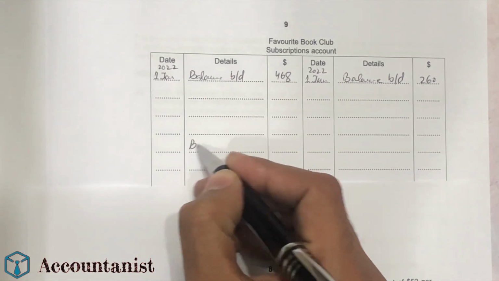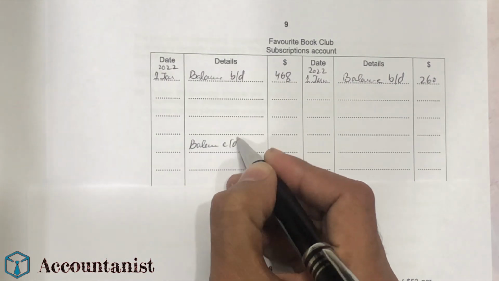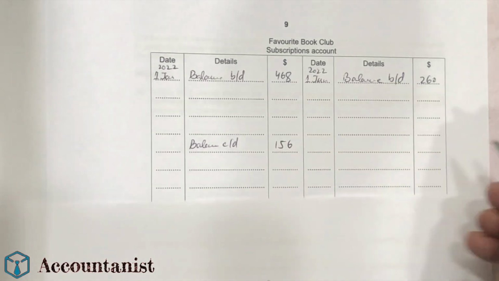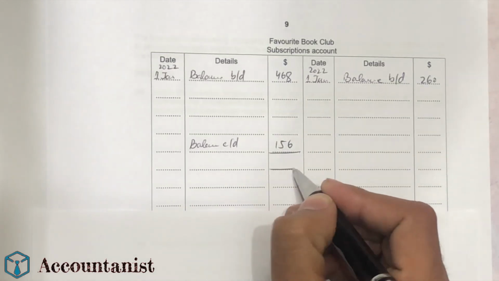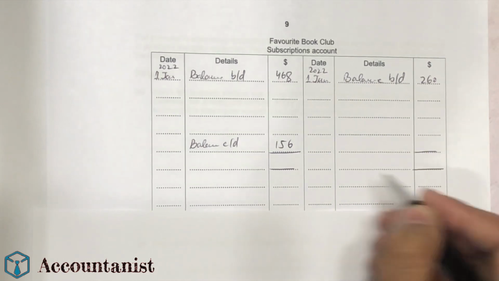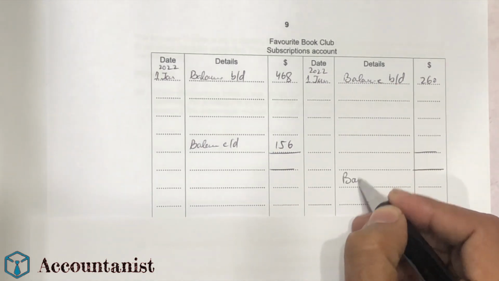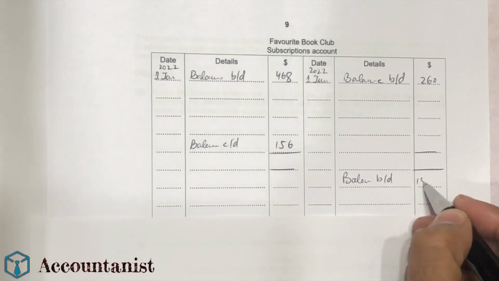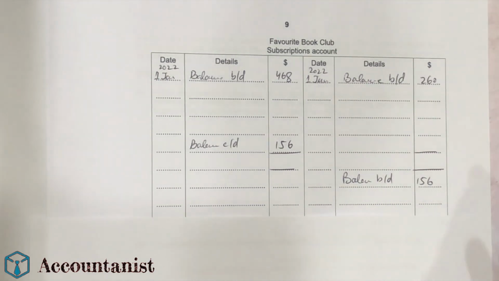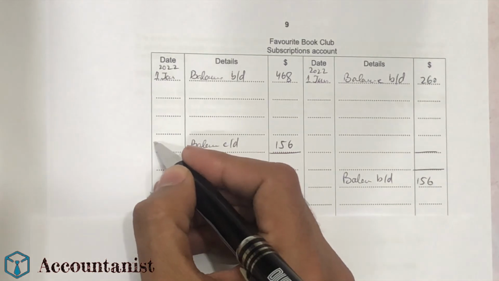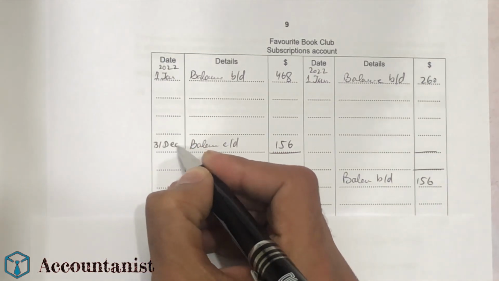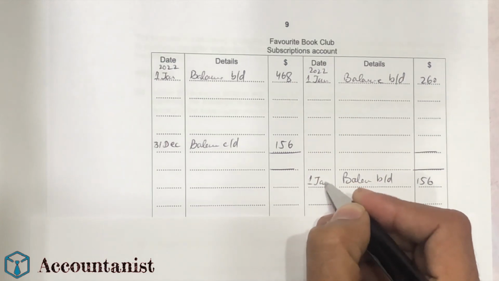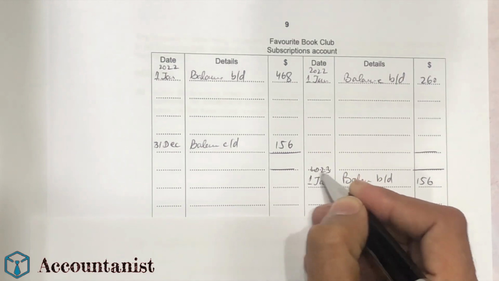Write down balance carried down here $156. So we'll write down the totals of these two sides, and then we'll write down this balance brought down here as well of $156. So that will be on 31st of December 2022, and this will be on 1st of January 2023.